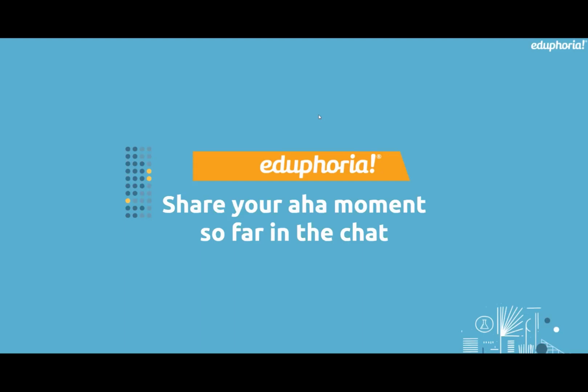You couldn't use the same test for all your populations in those other systems. Eduphoria was the only one that we could create the same test and build in these supports where students received the level of support they needed in a way that was user-friendly, in a way that helped the teachers, where they don't have to look at 10 views of data. They can look at one place and had those features built in with it.